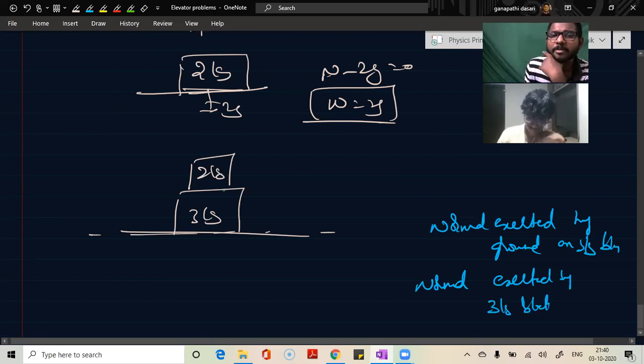You got it? There will be a contact force here also, na? Because there is a contact here. There is another contact here. So this N1 I took, this N2 I took. You tell me what is the relation between N1 and N2?